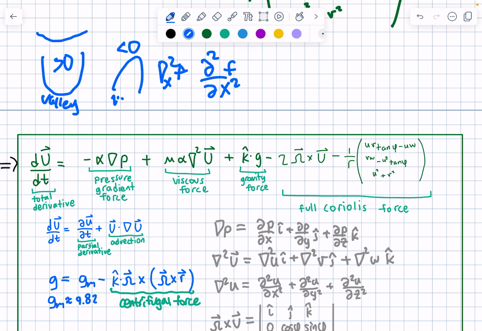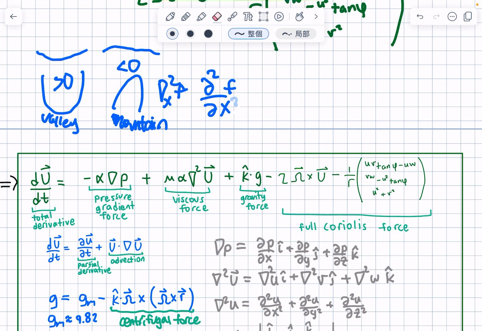And for a mountain, if the term is less than zero, the mountain is flattening out. So basically friction works to slow down this peaking of air. That's important to know why it's positive, if you ever forget.